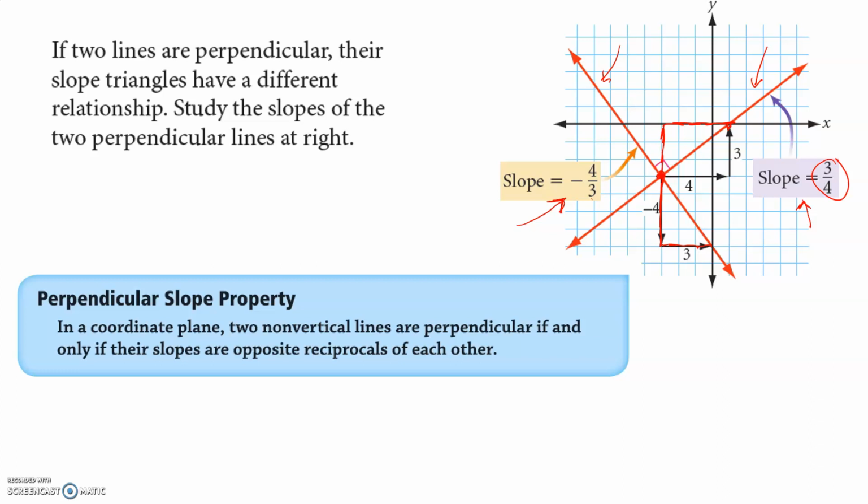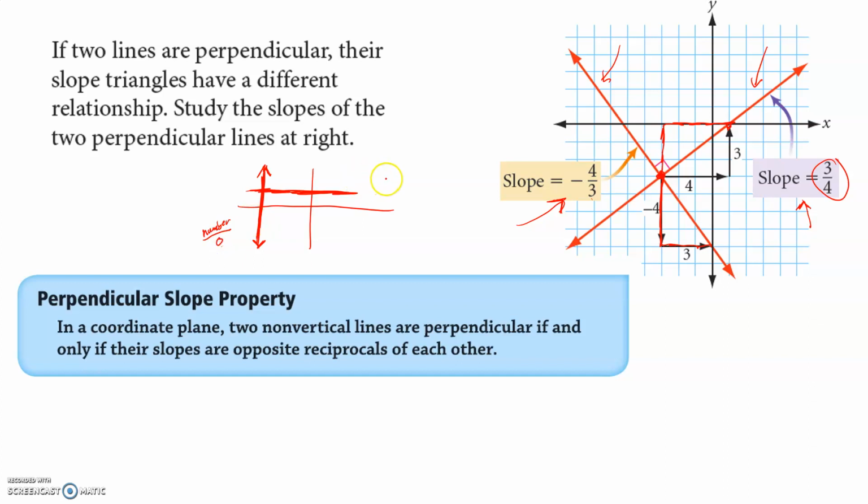So now, let's talk about this vertical. If this line is a vertical line here, its slope is undefined. So that means there's some number on the top. You go up and down some number, but you go left and right 0. Perpendicular to that would be a horizontal line. And is that the opposite reciprocal? Well, sure.